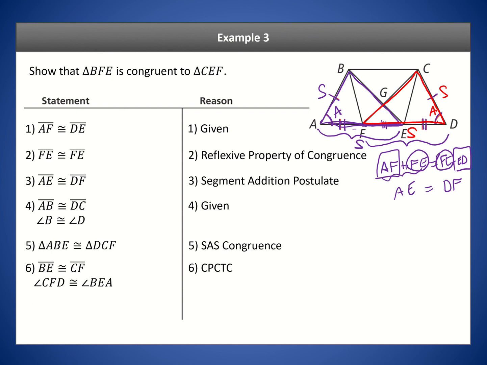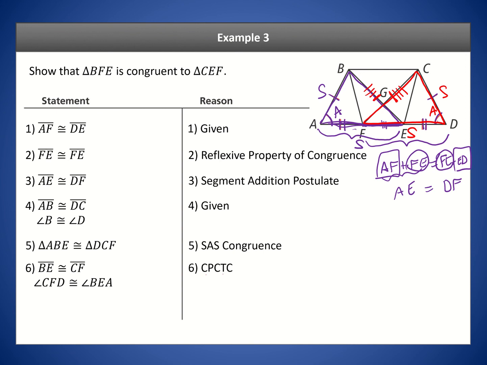So now, because we know that those two triangles are congruent, we also know that BE is congruent to CF. So if we look at this, this BE is congruent to CF. And we'll use another set of tick marks here: 1, 2, 3, 4. We know that those two have to be congruent. Why are they congruent? Well, because those two triangles are congruent, which means that those two corresponding sides are congruent, and that's by the corresponding parts of congruent triangles are congruent.